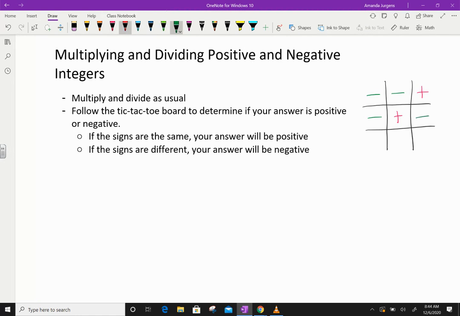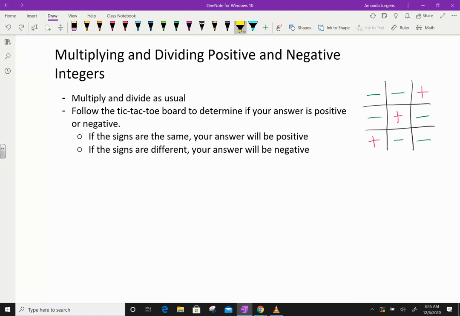And if I have a positive times a negative, I end up with a negative answer. This tic-tac-toe board works no matter which way you go. So again, I could start on that bottom right-hand corner and think a negative times a negative, my answer is going to end up being positive here.